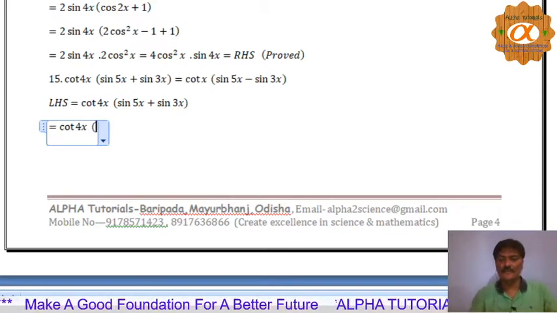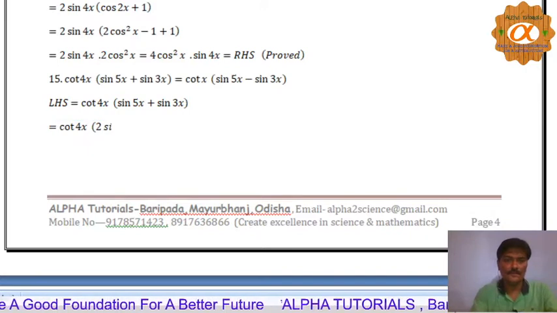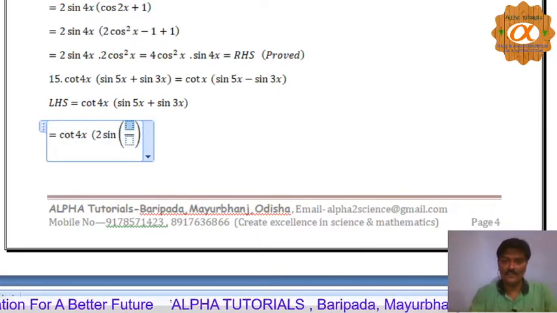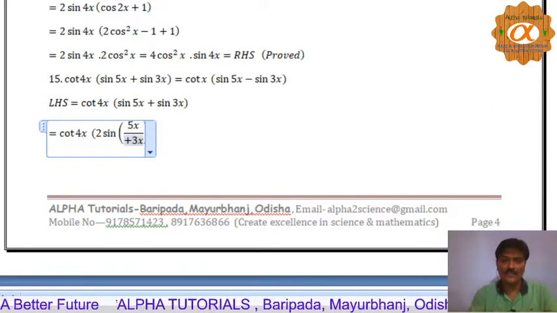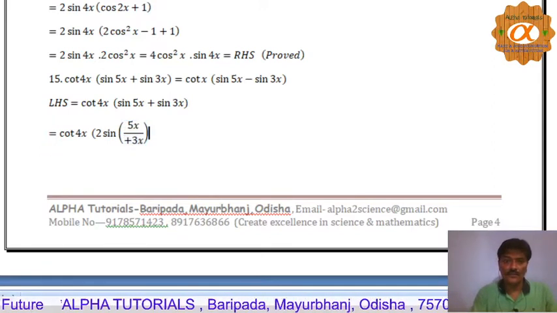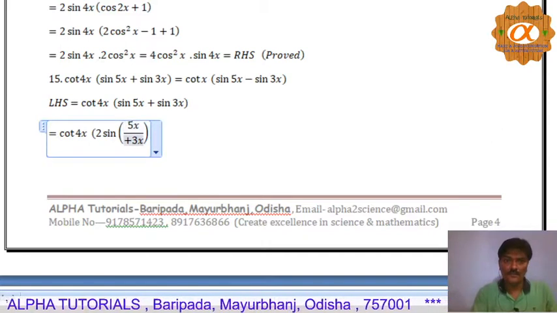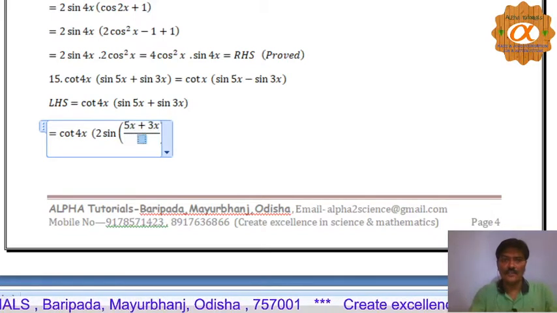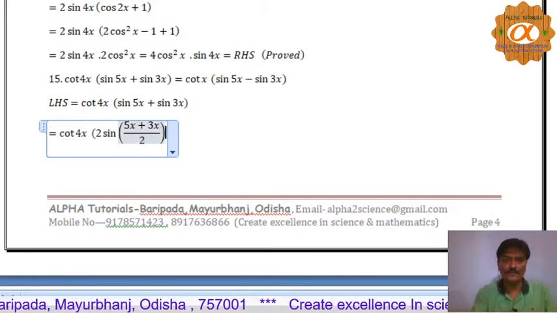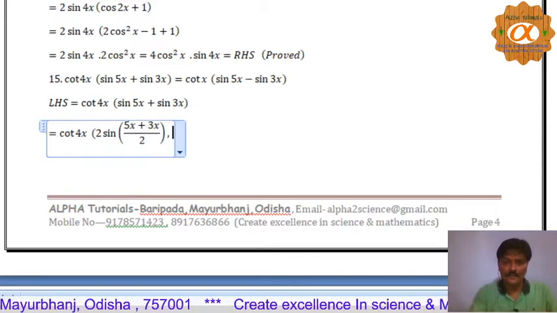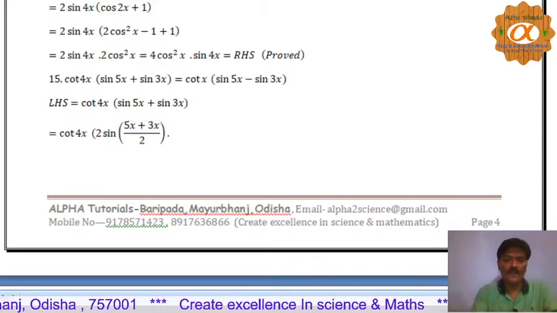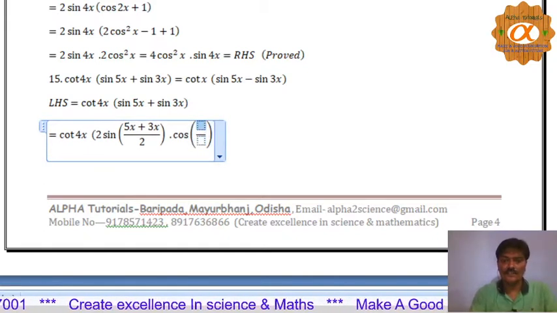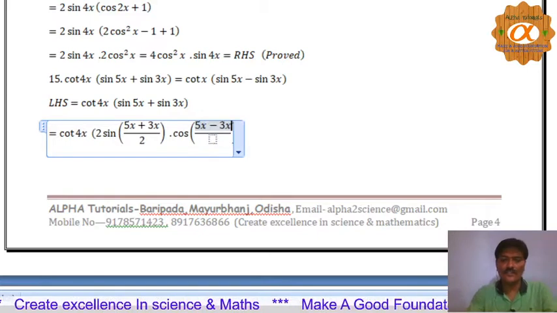Now sin A plus sin B, again the formula, 2 sin (A plus B) by 2, that means it becomes 5x plus 3x by 2, sorry, it must be 3x by 2, multiplied by cos (A minus B) by 2, that is 5x minus 3x by 2.